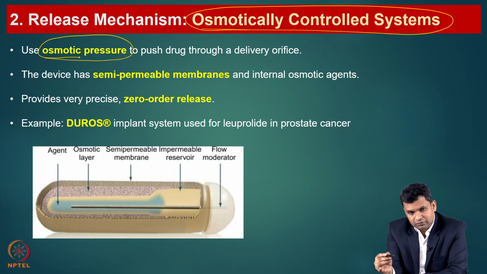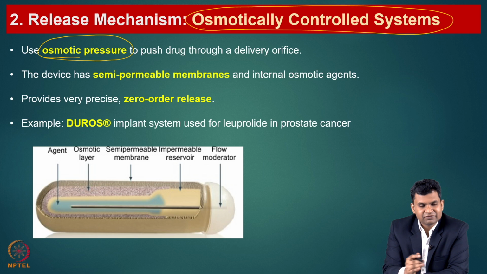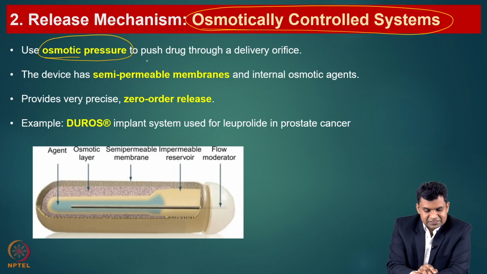So, in our upcoming classes or in the upcoming slides, we are going to see what the osmotic drug delivery systems are, right. There we will understand the role of the osmotic principle. Osmotic pressure is the principle that will help to release the drug from the devices. Okay.